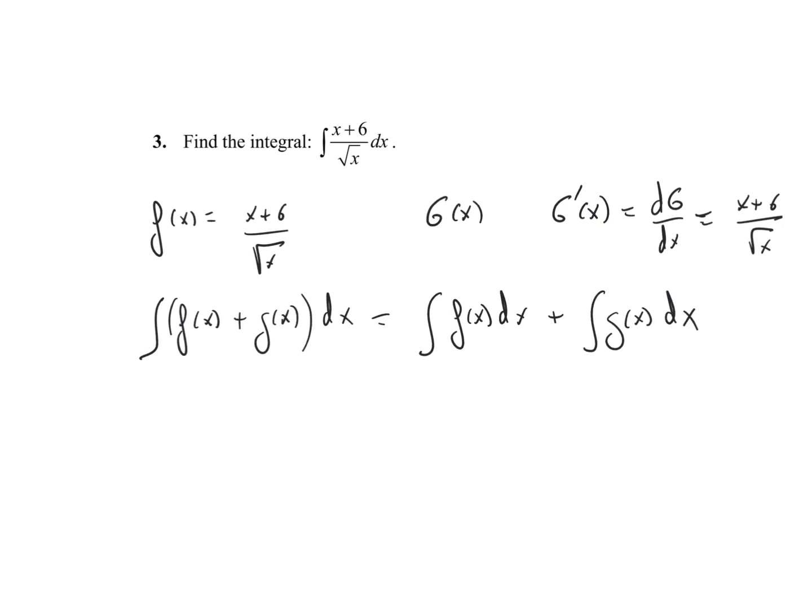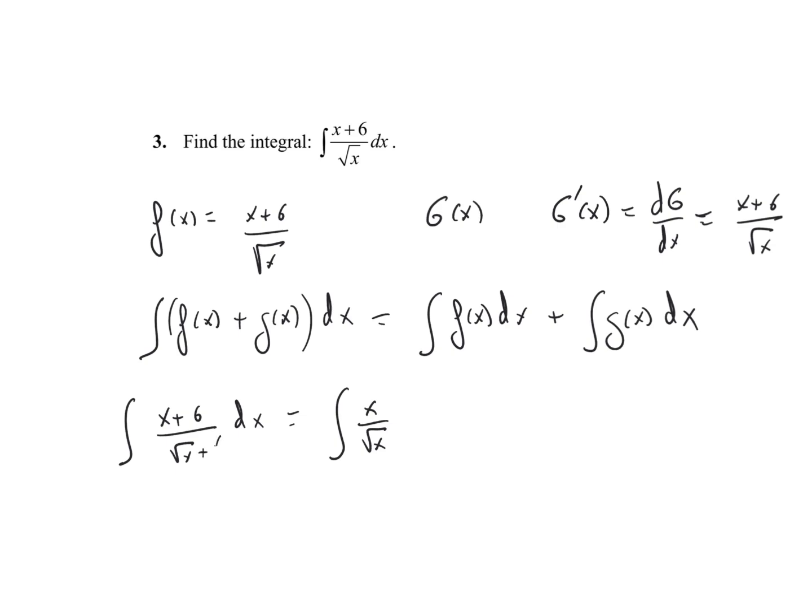Let's use this. So the integral of x plus 6 divided by square root of x dx, remember that I can split the numerator, but I cannot split the denominator.